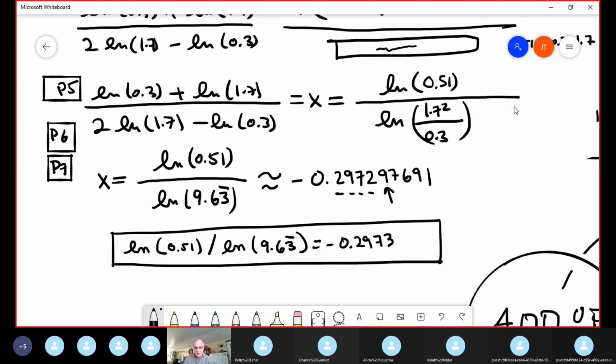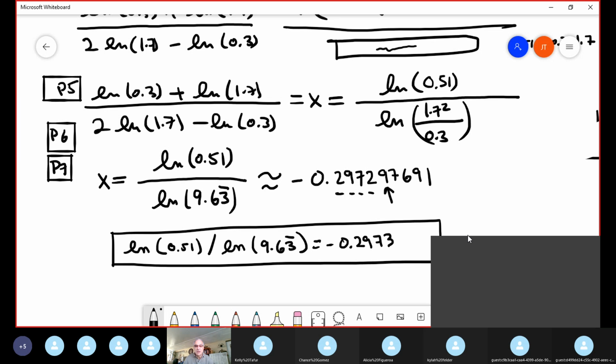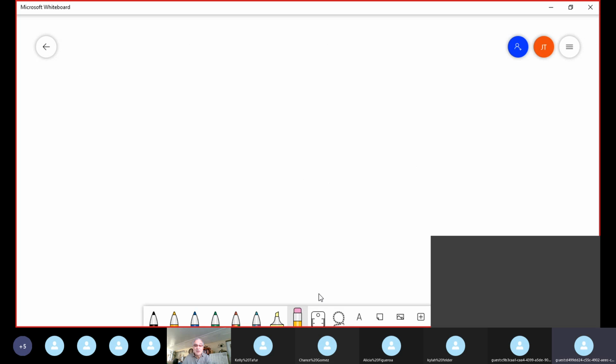Do you understand very well how you put in the calculator the logarithm of the number? Yes or no? Alicia said yes, but I want to hear another opinion, because it's important. So you rounded to the nearest 10,000?